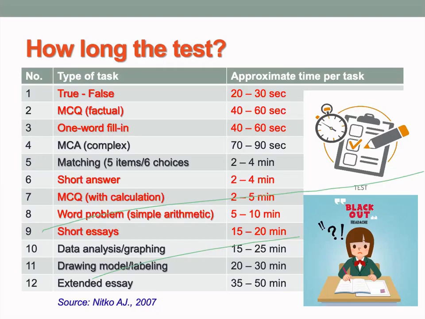MCQ with calculation, so MCQ with options A, B, C but needing calculation, can take up to 5 minutes. Problem set with simple arithmetic, simple mathematical calculation, can be up to 10 minutes per question. And short essay can be up to 20 minutes per question.